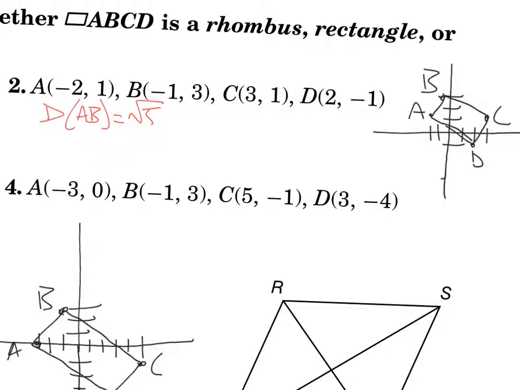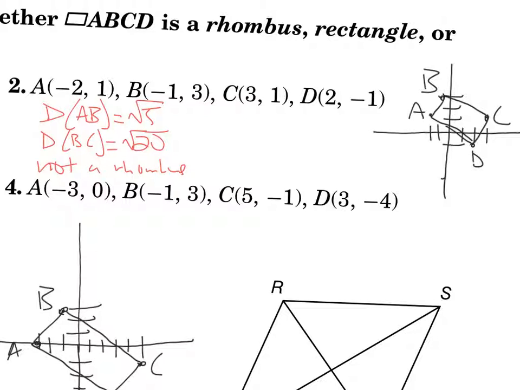If I also find the distance from B to C, that'll tell me if it's a rhombus or not, because these would have to be congruent if so. From B to C, we've got 4 squared is 16, plus 2 squared is 20. That's square root of 20. Those clearly aren't the same, so it's not a rhombus, because those consecutive sides are not congruent.